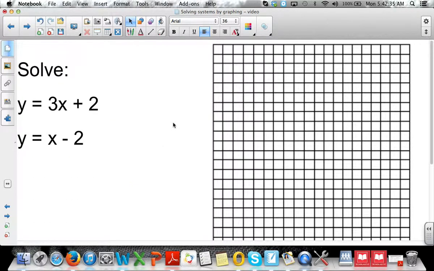Okay, so I've got this one: solve y equals 3x plus 2 and y equals x minus 2. I'm going to figure out where these lines cross, and I'm going to do this by graphing. That is what we're doing this week. There are other ways to solve, but we're going to focus on graphing this week.